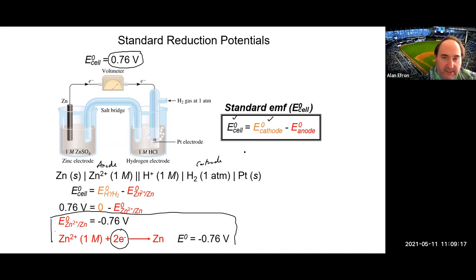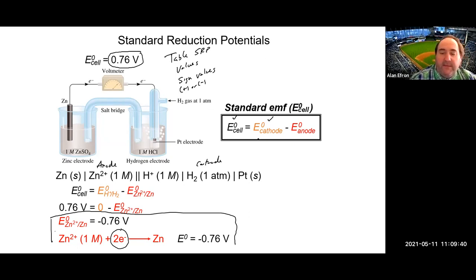Now, when we look up these values in a table of SRP values, which we'll see in a bit, there will be certain signs associated with the values. And what I mean by that is there will be positive or negative.